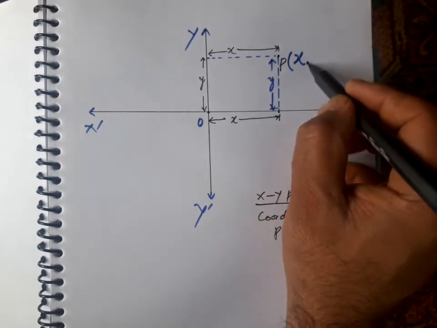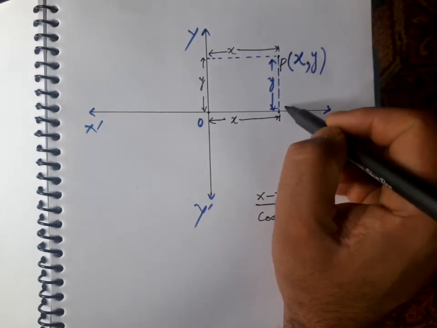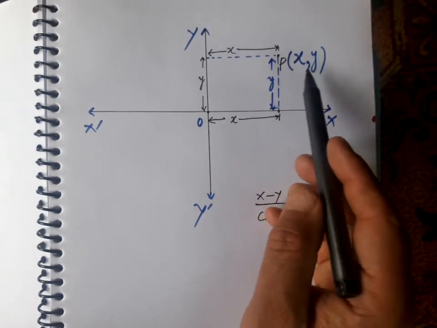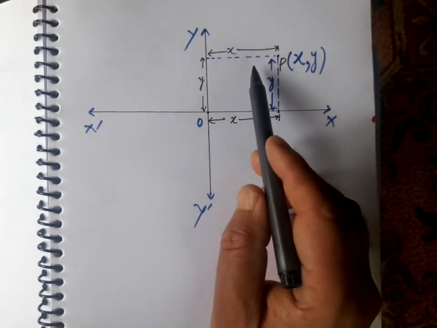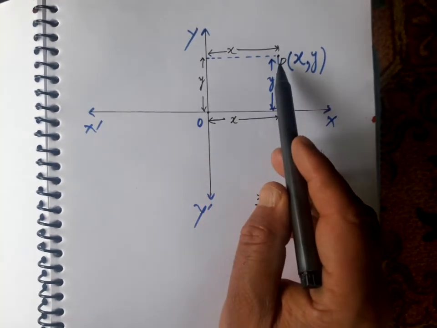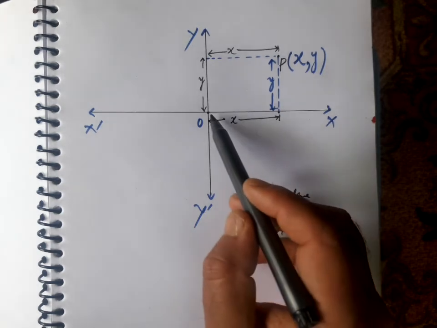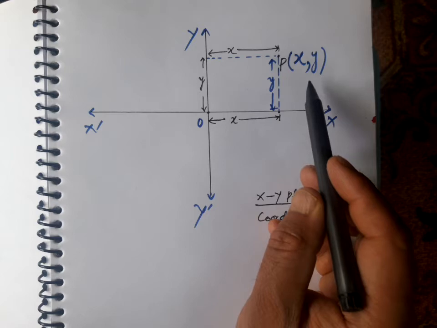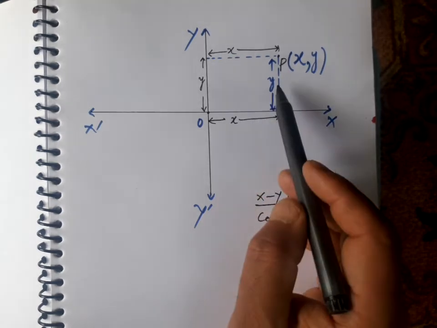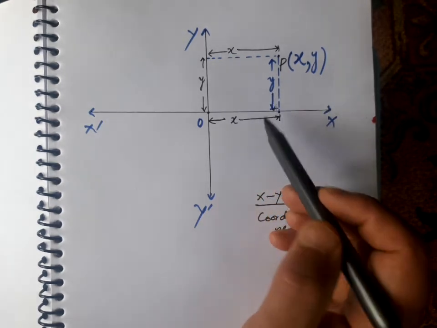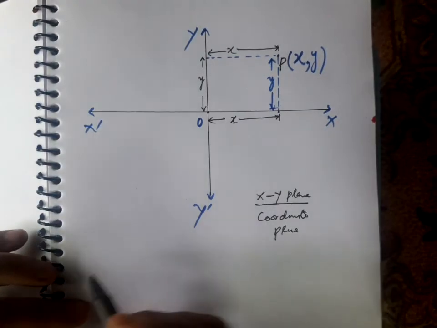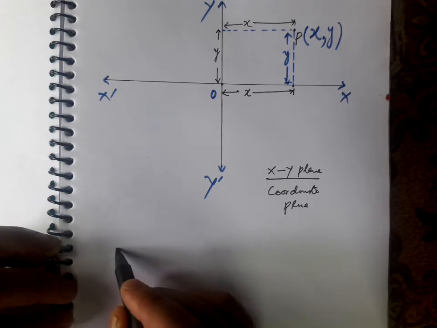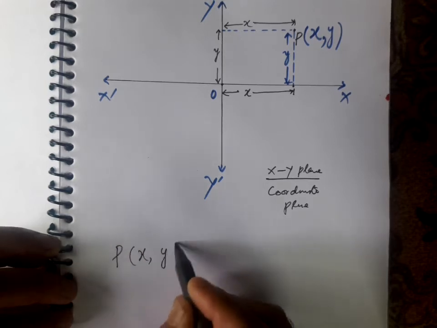So y is the distance of this point P from the x-axis. So we have two perpendicular distances to specify the position of a point. The point P is at a distance of x from the y-axis and a distance of y from the x-axis. So point P has two coordinates in the xy plane, that is x comma y.